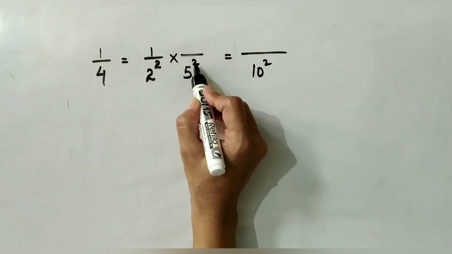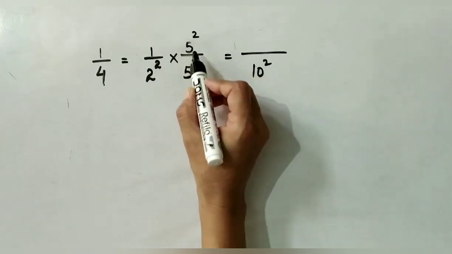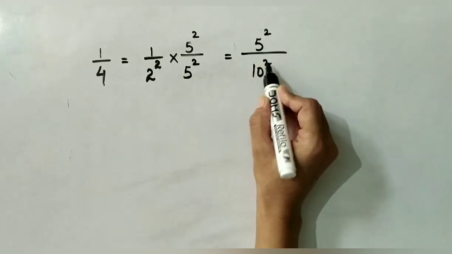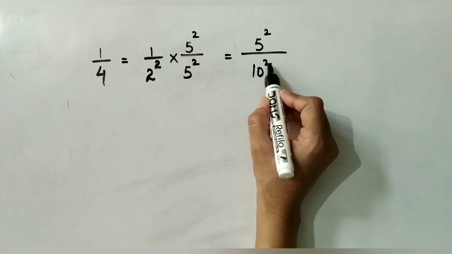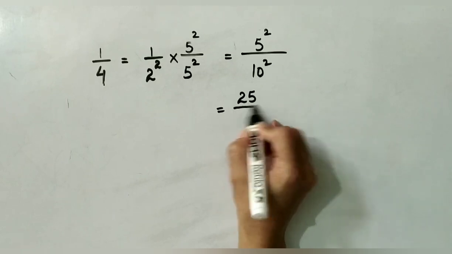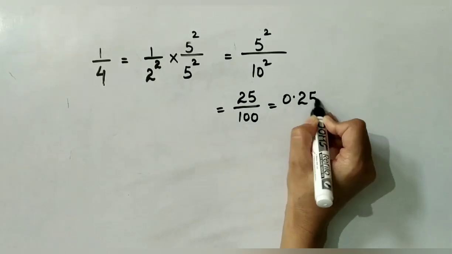So if 5 square is written in the denominator, 5 square should be written in the numerator as well. Now 5 square upon 10 square, because 2 into 5 makes it 10 and the power square comes as such. When you further simplify, this is 25 by 100, which is 0.25.